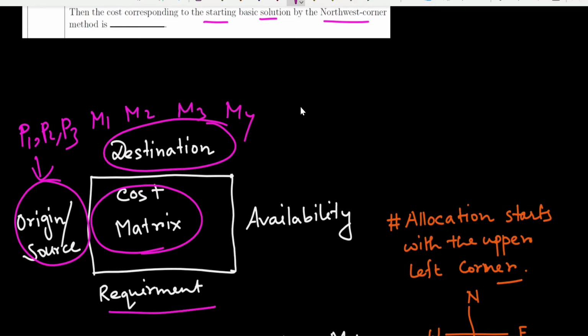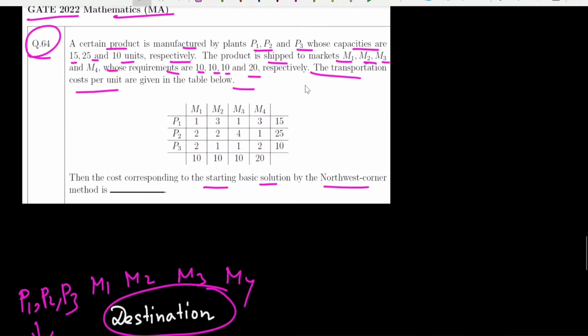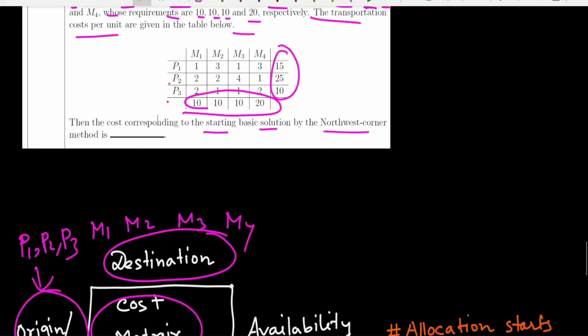The requirements 10, 10, 10, 20 are the total requirements of markets M1, M2, M3, M4 respectively, and this is the availability from the sources P1, P2, P3 respectively. Now we first check whether this is a balanced transportation problem or not.